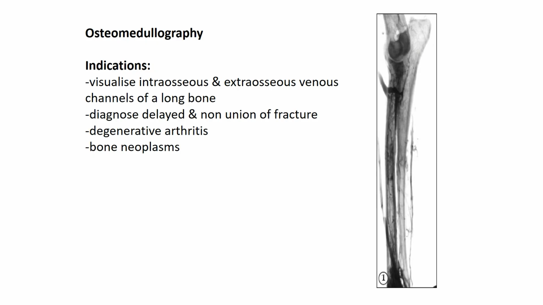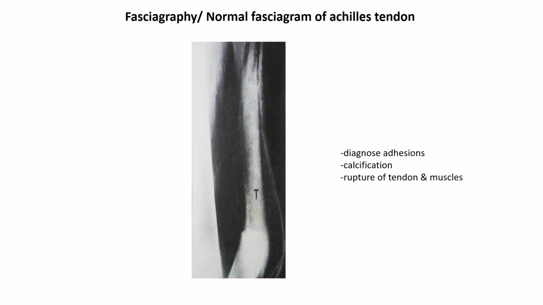After making a hole in the bone up to the medullary cavity, inject water soluble iodine contrast material inside the medullary canal and take a radiograph. So this is the whole procedure of osteomedullography.